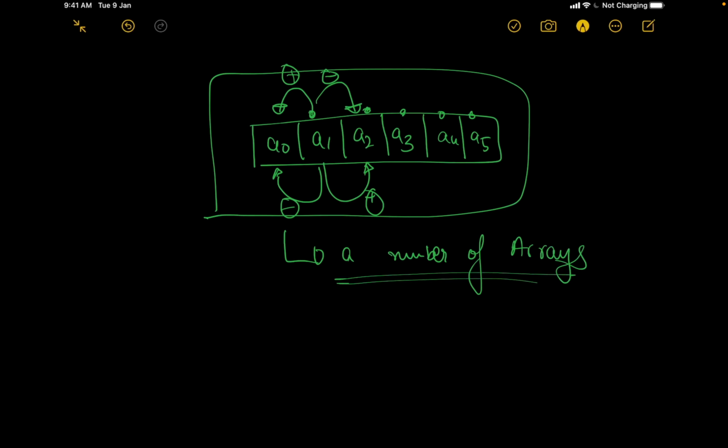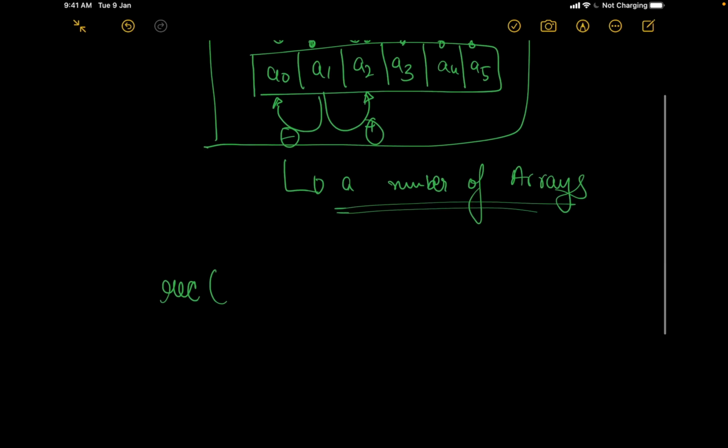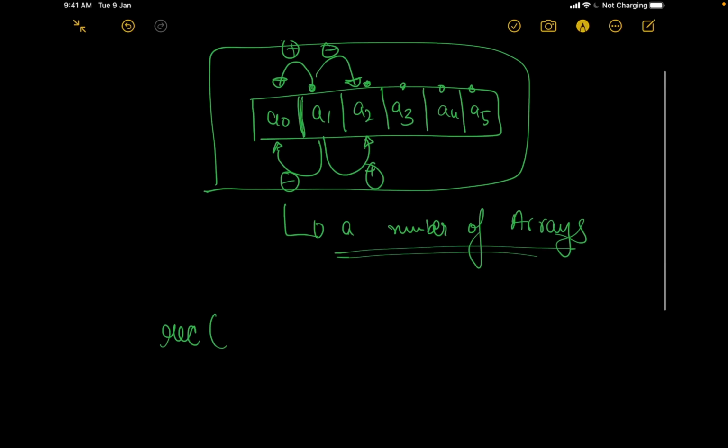A very easy way of doing it is recursion. We can use a recursive function and provide it with a couple of values. One could be the current value of the element. I'll start with a1 itself, because on a0 this operation cannot be performed. At a1 I'll have two choices: I can either add this value to a2 or subtract it from a2.